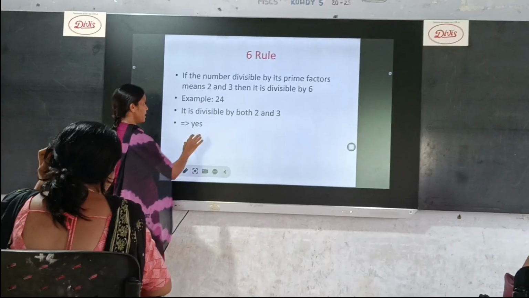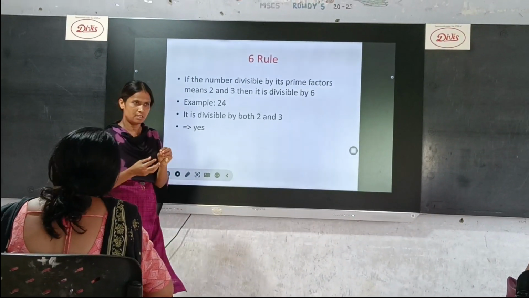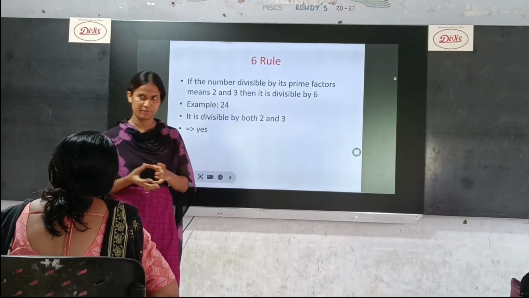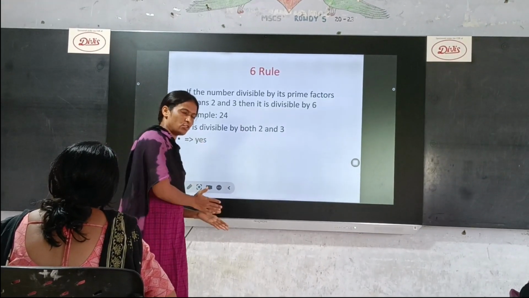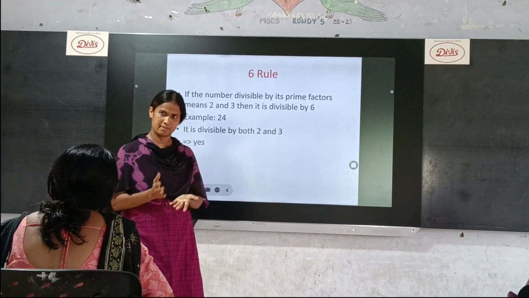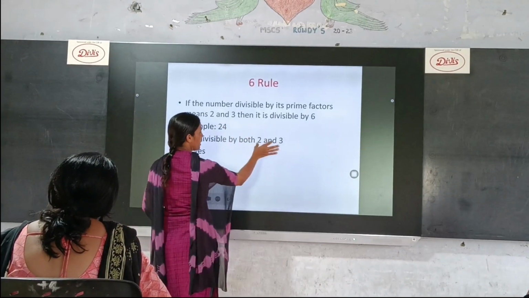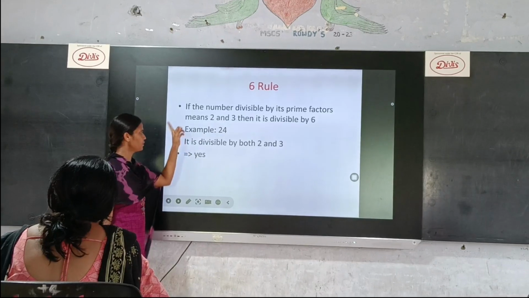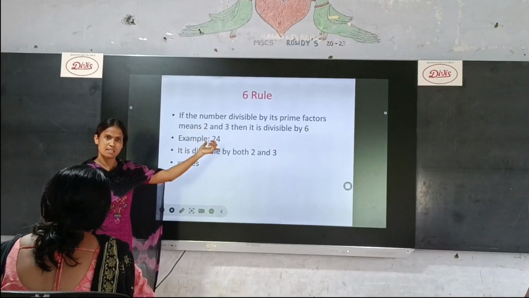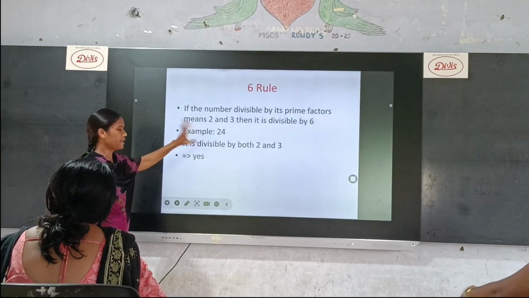So if you take one number divisible by 6, that means it is divisible by 2 and divisible by 3.